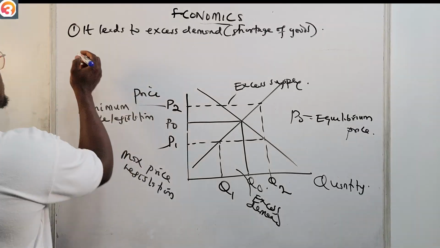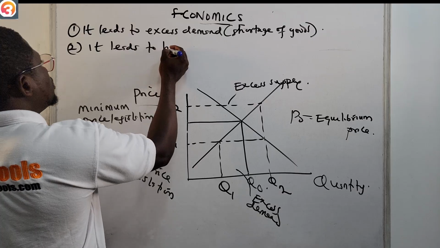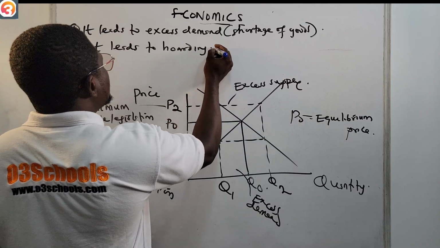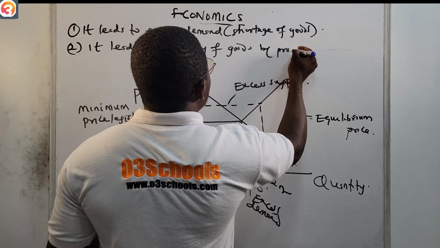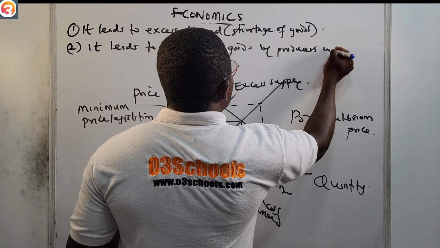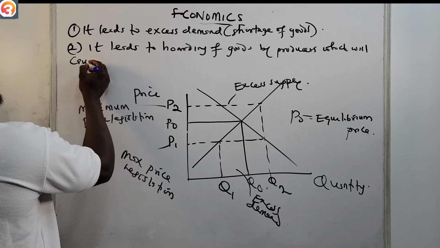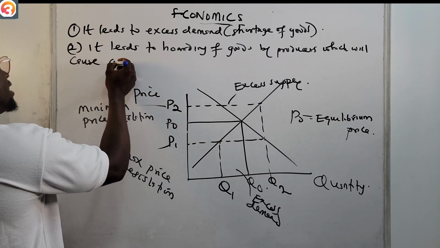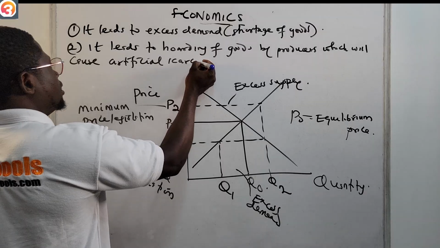Also, number 2, it leads to hoarding of goods by producers, which will cause artificial scarcity.